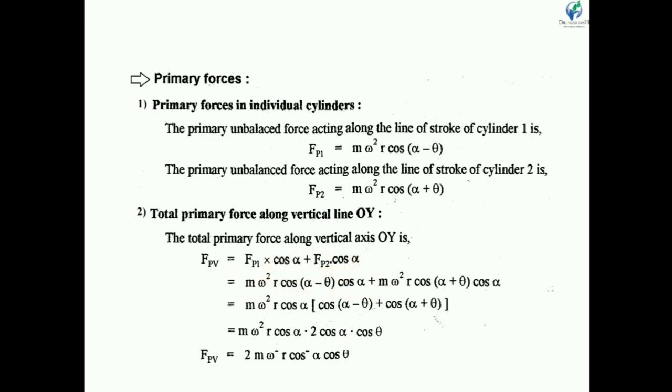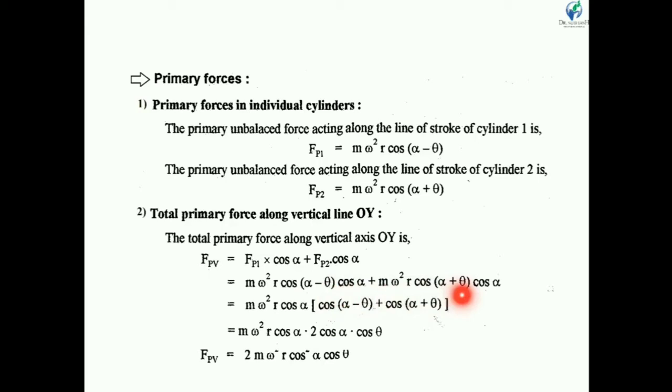If we put the values of Fp1 and Fp2, then m omega square r cos in bracket alpha minus theta into cos alpha, plus m omega square r cos in bracket alpha plus theta into cos alpha. If we expand, we obtain cos alpha into cos theta minus sin alpha into sin theta.